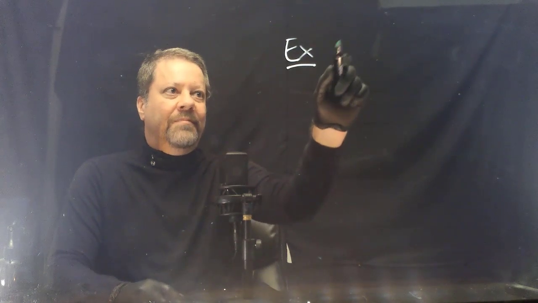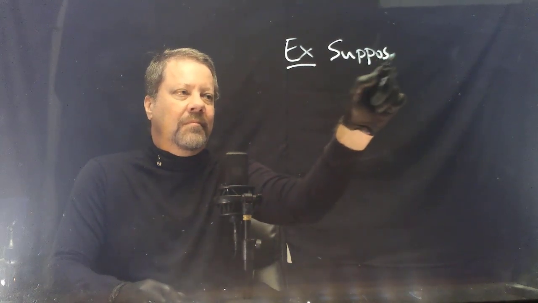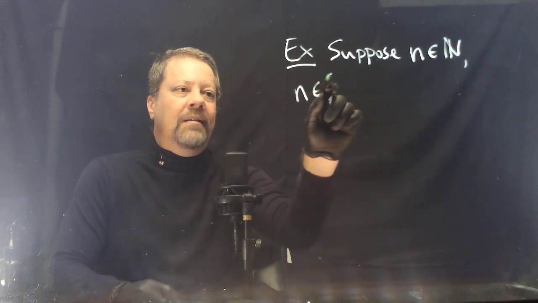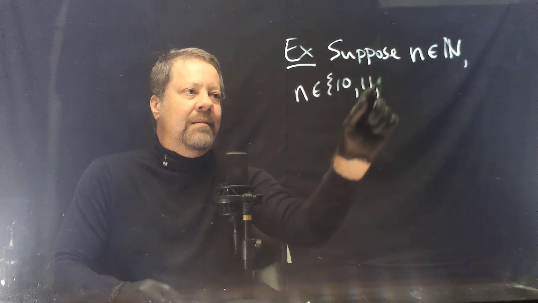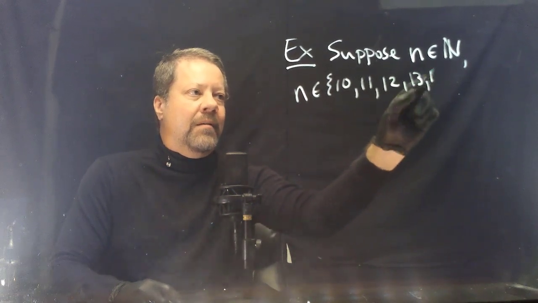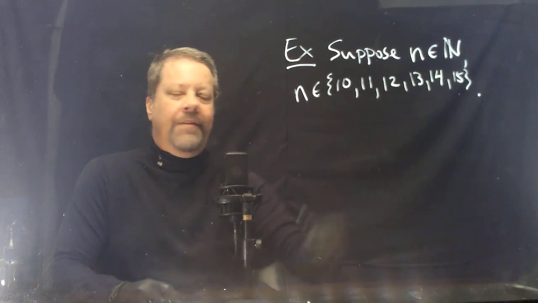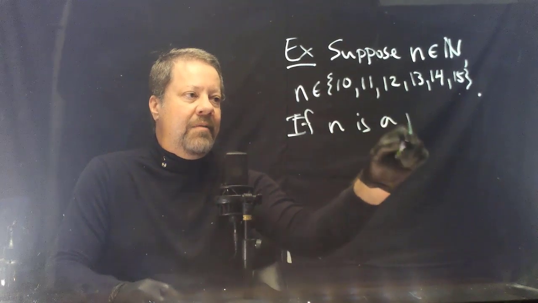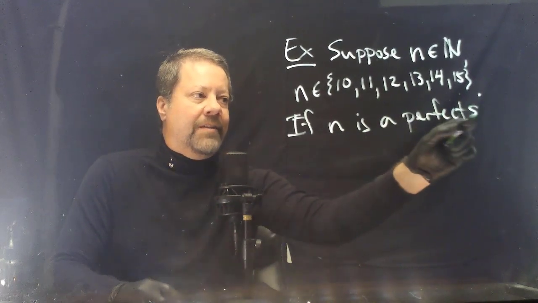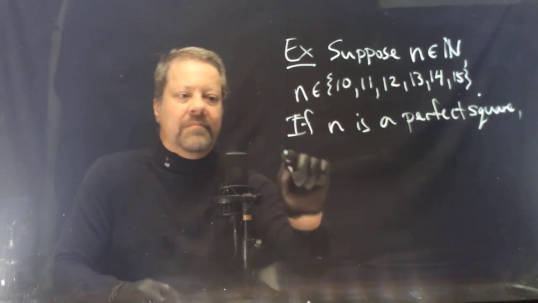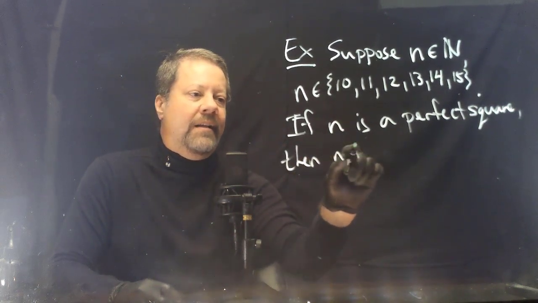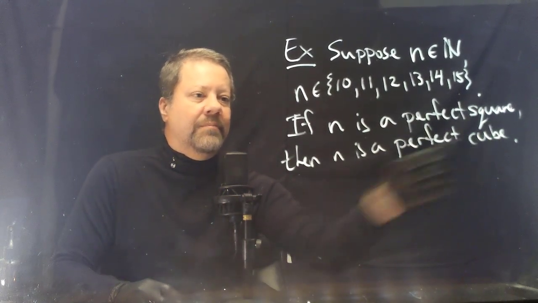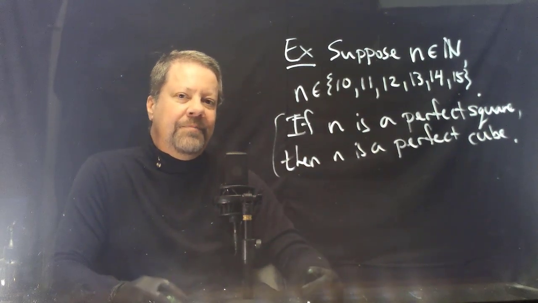Here's an example. Suppose n is a natural number between 10 and 15. If n is a perfect square, then n is a perfect cube. So here's the theorem we're trying to prove.